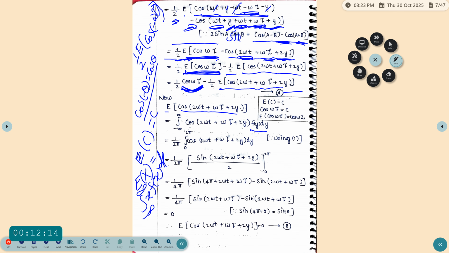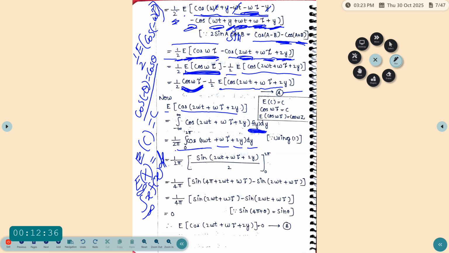Here the basic general limit is minus infinity to infinity, but y lies between 0 to 2 pi. So substitute integral 0 to 2 pi cos 2 omega t plus omega tau plus 2y dy. So 1 by 2 pi is the f of y. F of y is 1 by 2 pi.